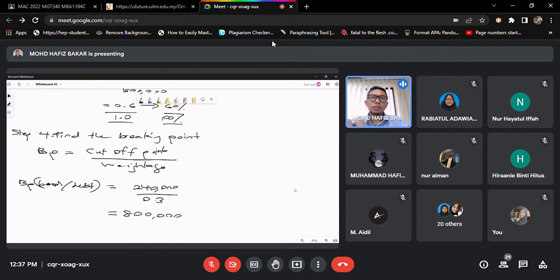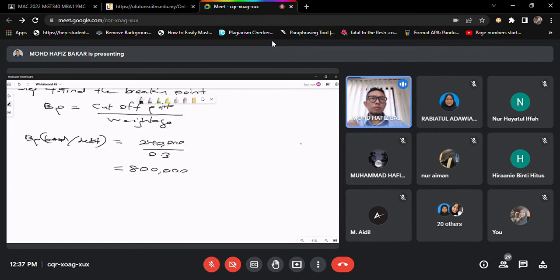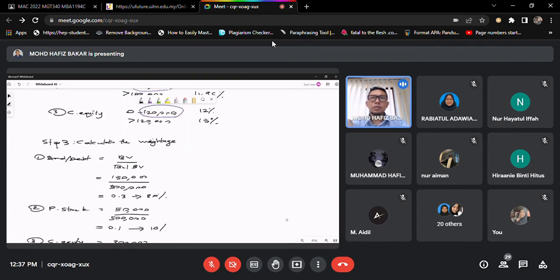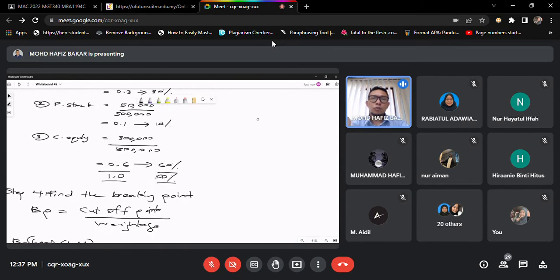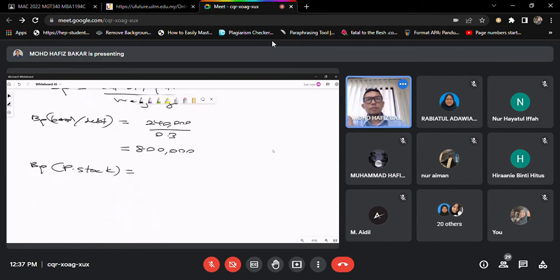Okay, so this is the breaking point for bond or debt. Next one, breaking point for preferred stock. How much? 100,000 kan? This one 100,000 divided by 0.1 equivalent to 1 million.